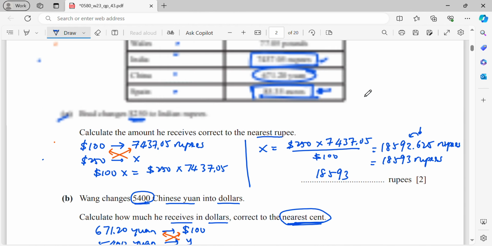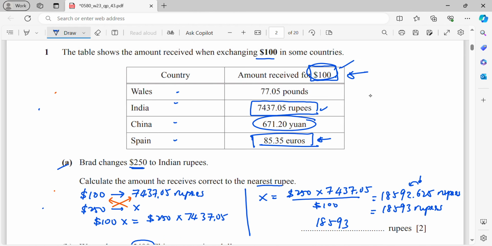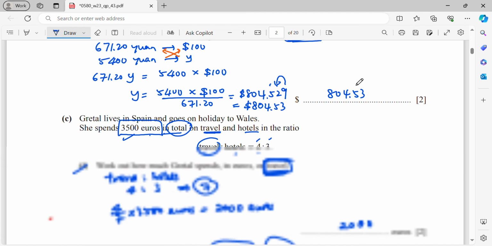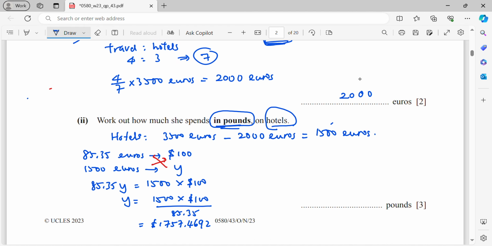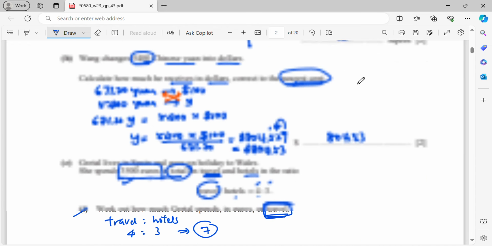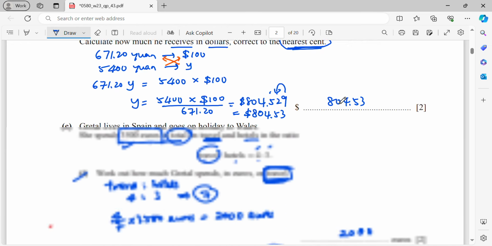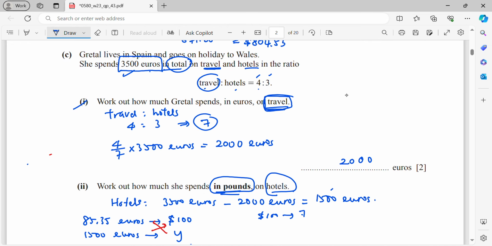Okay, then from dollars I change to pounds. So now look at the table. $100 is 77.05 pounds. So now you are given pounds here, and you have found the dollars. So I will write $100 equivalent to 77.05 pounds. Right?